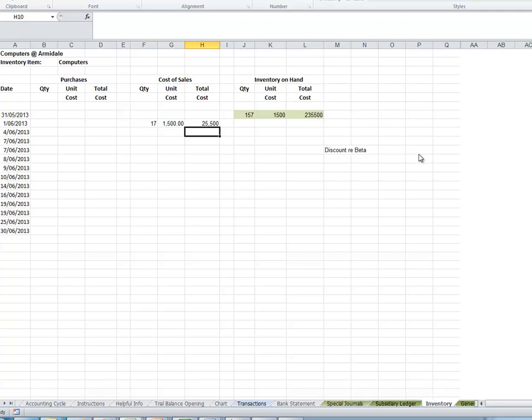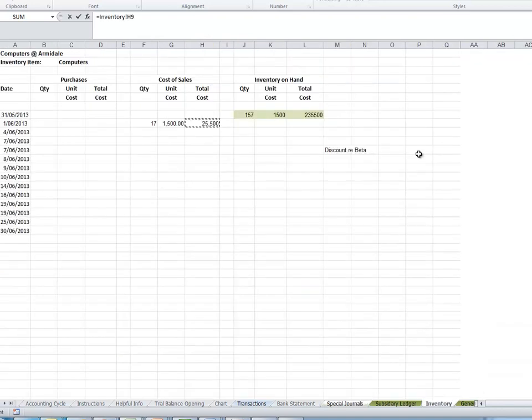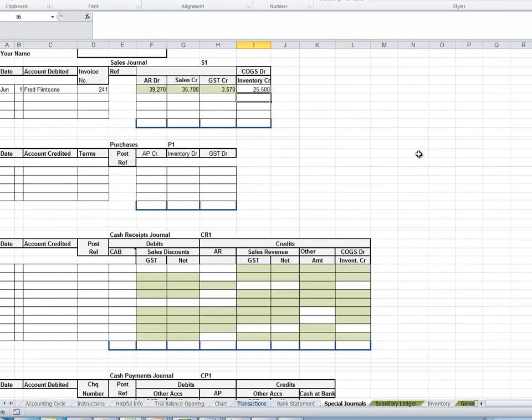So what does that mean in the special journal? Well, our cost of goods sold was $25,500. Inventory, the cost of these goods that we sold, $25,500. Our inventory will fall by $25,500.